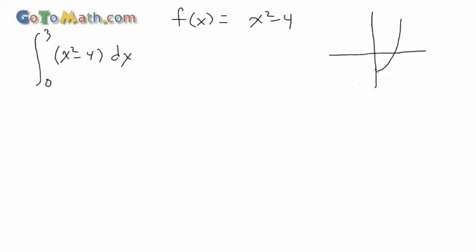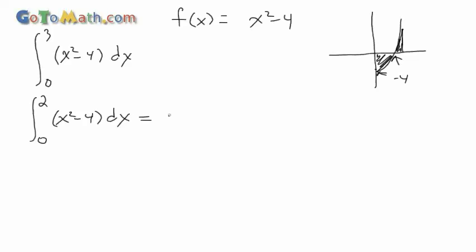This would be crossing here at -4. So we want to find this area, and then we're going to be finding this area here. Okay, so we'll need to break this up into two separate pieces. We're going to be going from 0, where it crosses the x-axis at 2, and let's just go ahead and do that first.